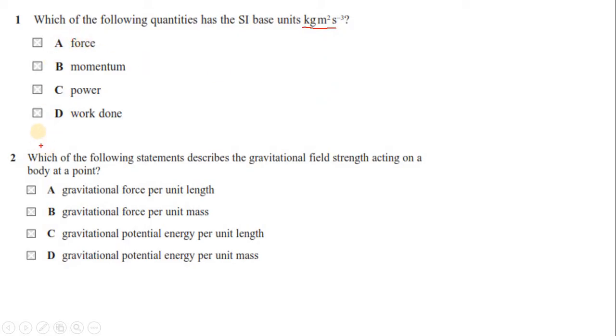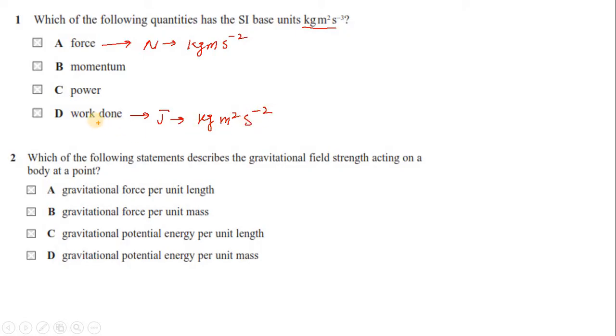One option is you memorize the SI base units of various quantities, but if you see that the force is Newton, and Newton is kg meter s minus 2, and we have work done, which is joule, and joule is kg meter square s minus 2.